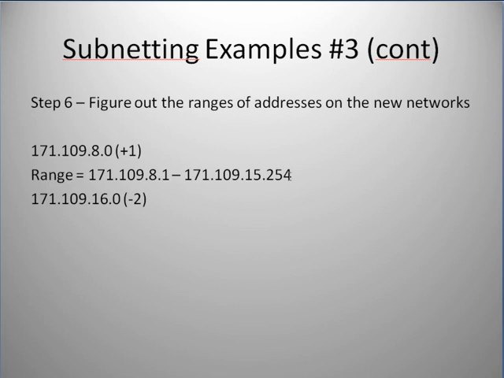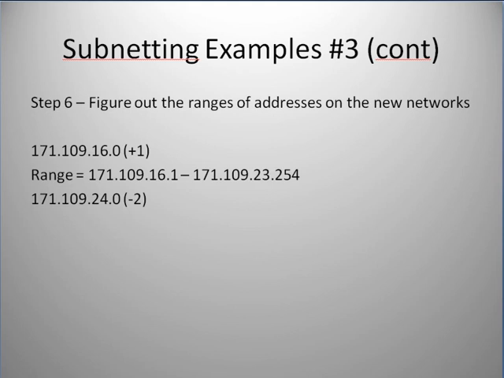And everything in between 8.1 and 15.254 will be a valid address on this range. The next option, 16.0 network. The IP address available range here, again, 16.1, the very first available address after the network ID of 16.0. 24.0 is my next network ID. If you count back 2, 23.255 would be the broadcast, which leaves me with 23.254 being the last available address in that range.